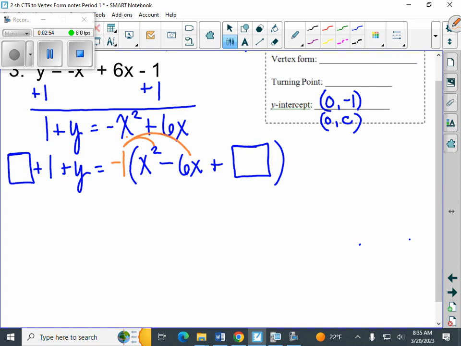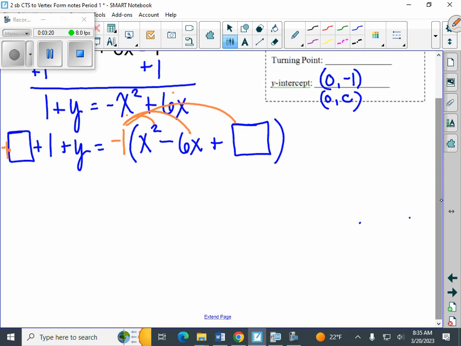Negative 1 times negative 6 gives us our original 6x. So this would be negative 1 times whatever is in the box. So not only do we have to put the box on the left side, but we have to put this negative 1 in there, and it's going to be negative 1 times the box over there on the left side.